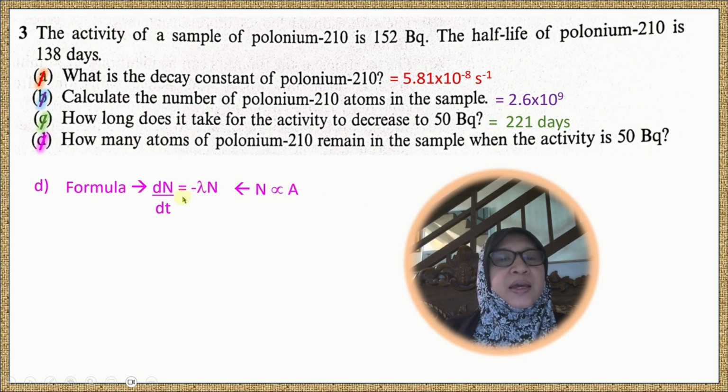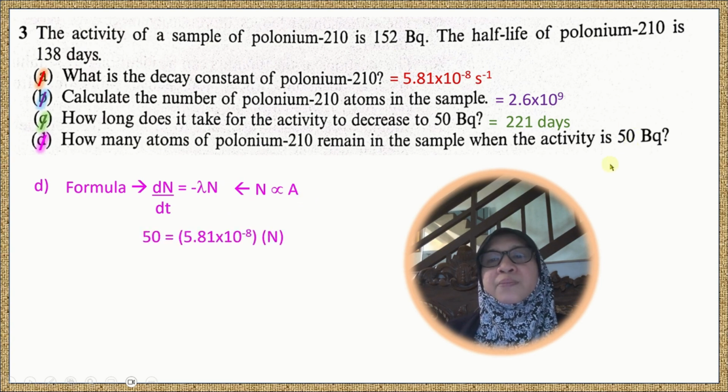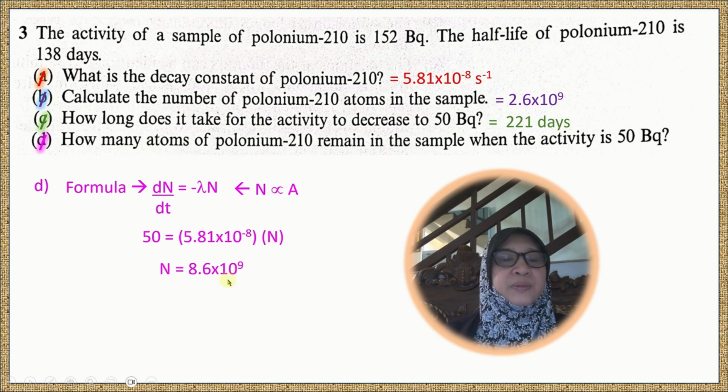The N is directly proportional to the activity, so we can use this 50 becquerel value. For dN/dt we use 50, and the decay constant from question A just now is 5.81 times 10 to the power of negative 8. We get the number of atoms remaining, which is 8.6 times 10 to the power of 9.